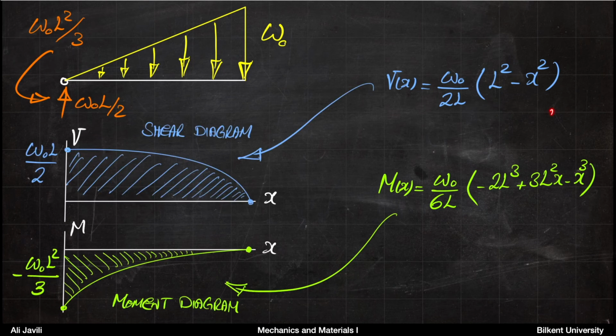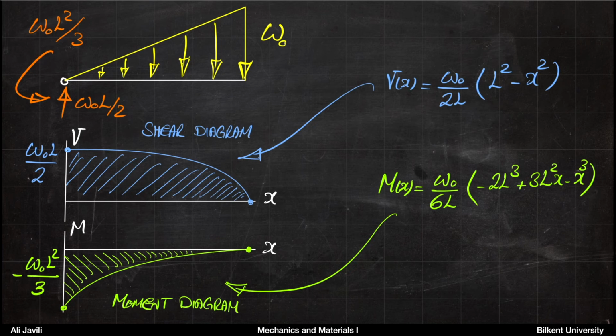The shear force diagram is a second order polynomial, moment is a third order polynomial, but we can also see, for instance, that shear force at x equals 0 would be W0 L over 2, which makes sense because that is exactly the reaction from the support. And then at the end, where x equals L, shear force is just 0, which also makes sense because we don't have additional force acting at the end.